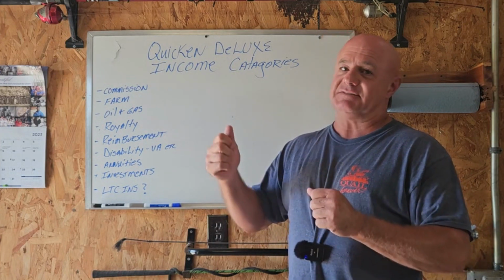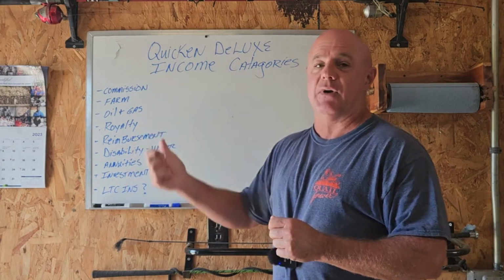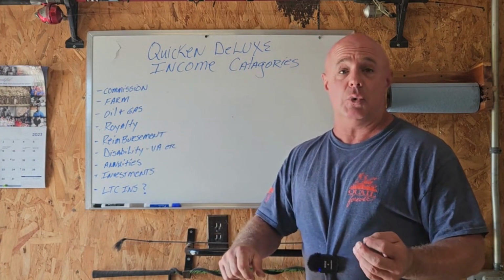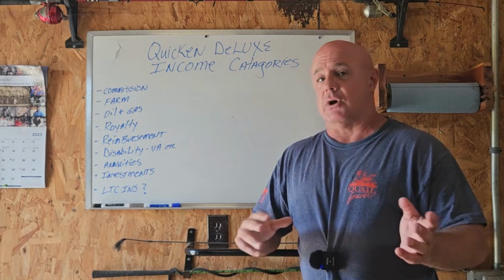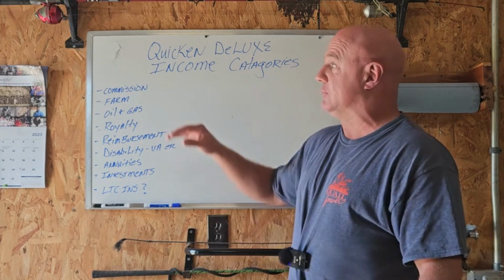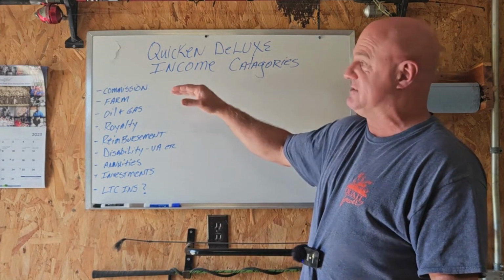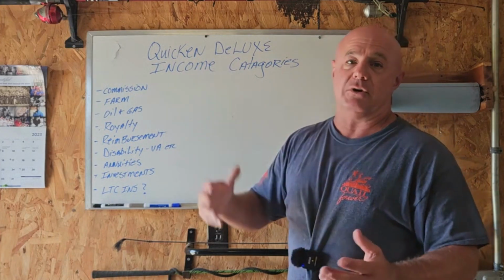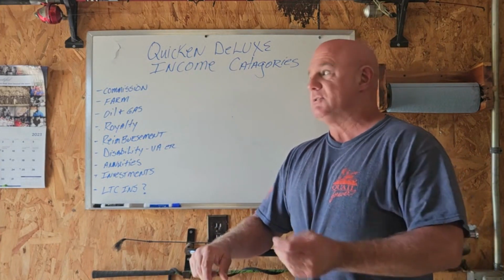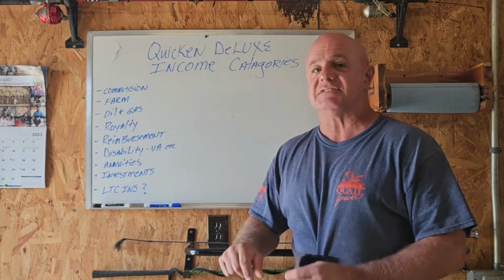Now, this is not going to fall into if you get a W-2 and your taxes are already taken out of it. You can do that with Quicken, but you would just have another category of what you're getting paid by your job. So in this instance, my very first one is commission.